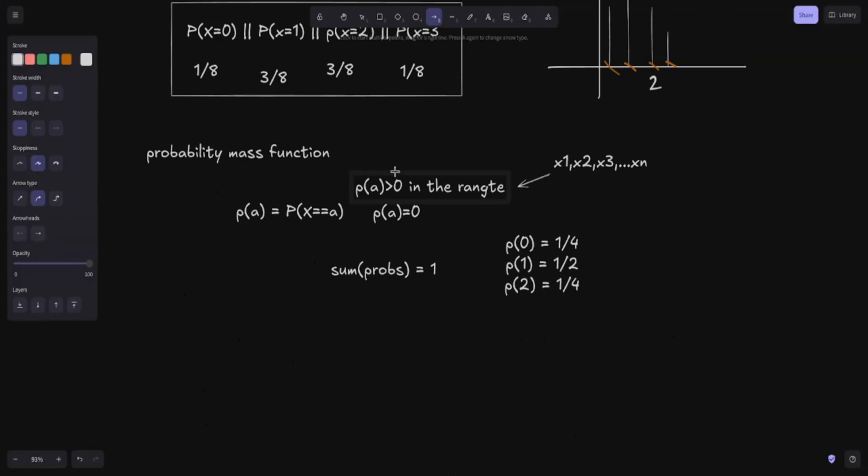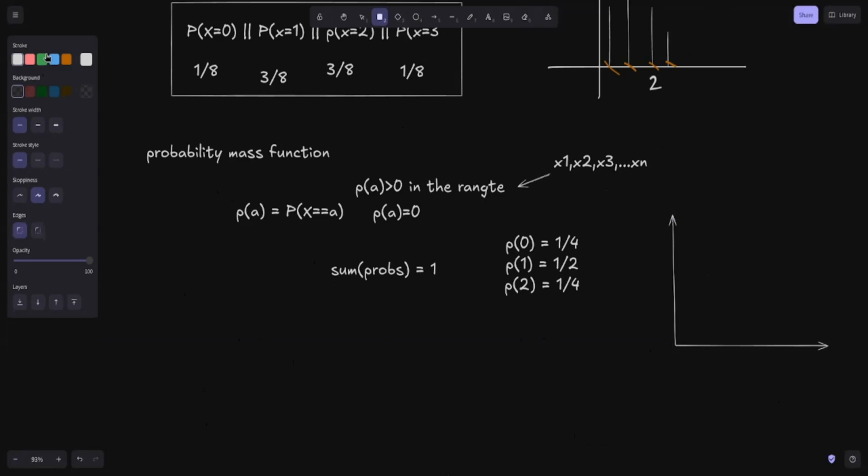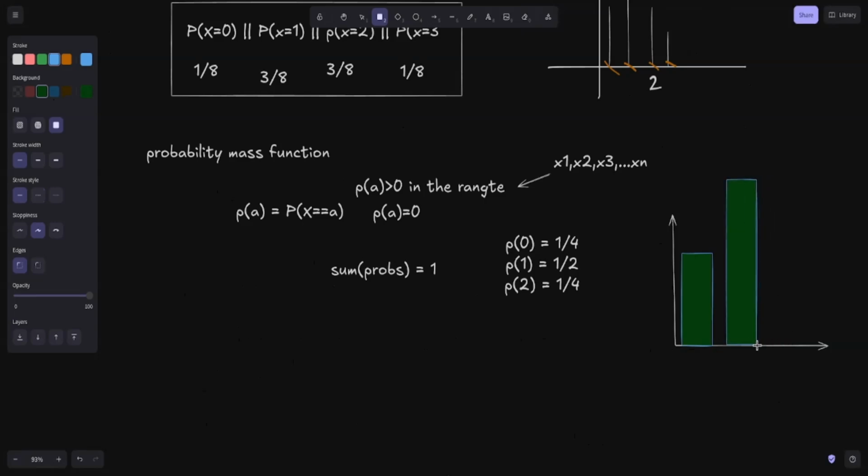Let this be my scenario. Then how will this look? Something like this: this will be the first bar, then this the second, and then this the third, right?